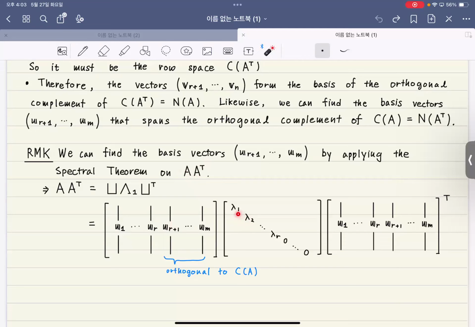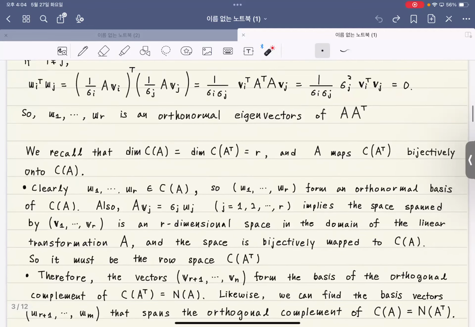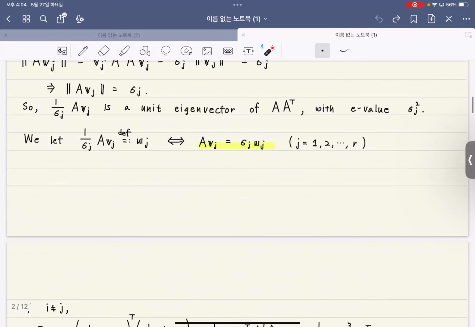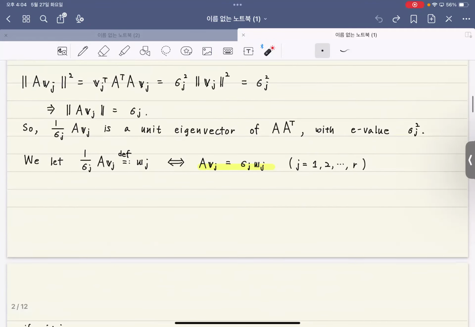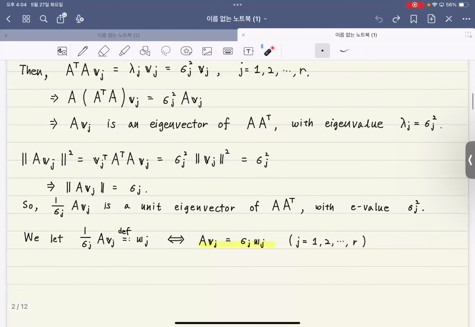And AA transpose has the same eigenvalues as A transpose A. So lambda 1 here, lambda 2 there, lambda R here. And we know that these vectors from U1 to UR are the orthonormal eigenvectors of AA transpose, right? So this is some scalar multiple of U_i, whose eigenvalue is lambda_i.